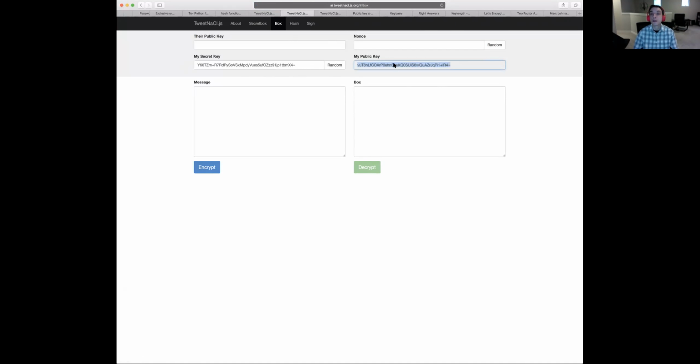But they do share their public keys with each other. So Alice gives her public key here to Bob, and Bob gives his public key here to Alice. Now, Alice wants to send her message, so she comes up with her message, and remember, she's also going to generate a nonce.